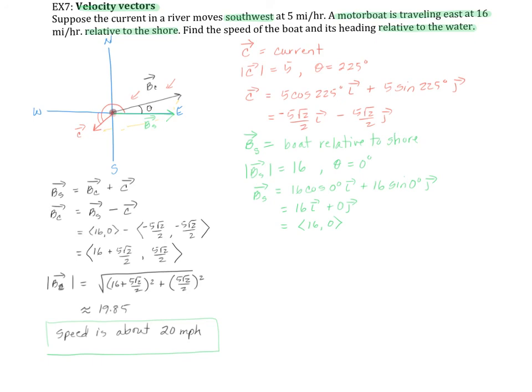So what I'm going to do is go back to trig. Now, I can find theta if I draw myself a right triangle here. Remember, my vector component-wise was 16 plus 5 square root of 2 over 2.